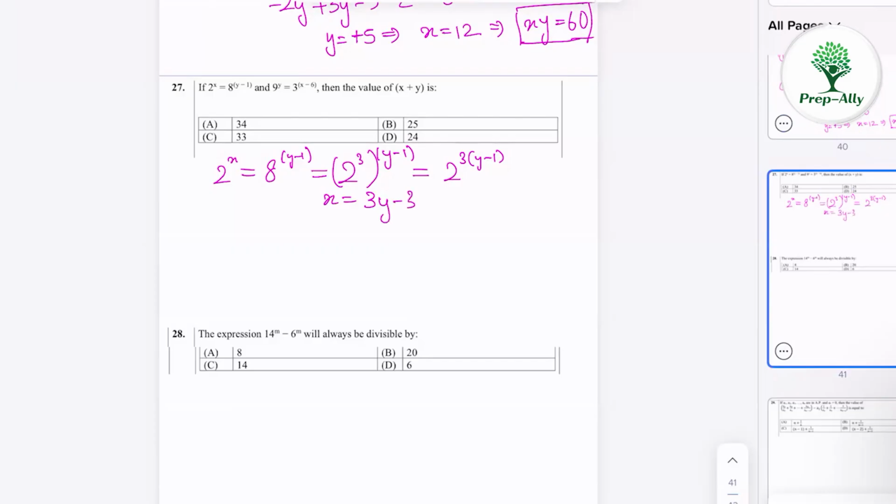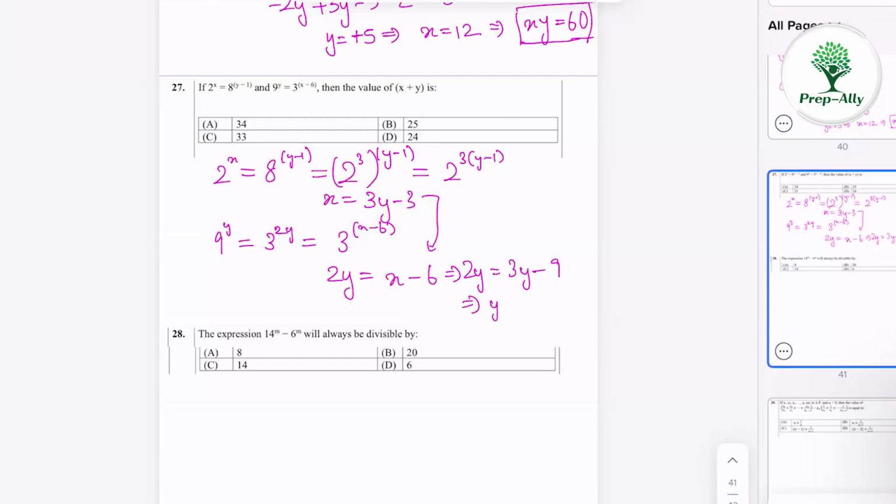And we have 9 power y, which is equal to 3 power 2y, equal to 3 power x minus 6, right? So from this we get 2y equal to x minus 6. And from the first equation we have x equal to 3y minus 3, and if we substitute that in this equation, we get 2y equal to 3y minus 9.